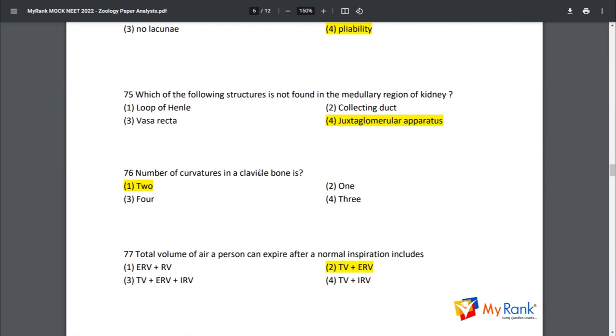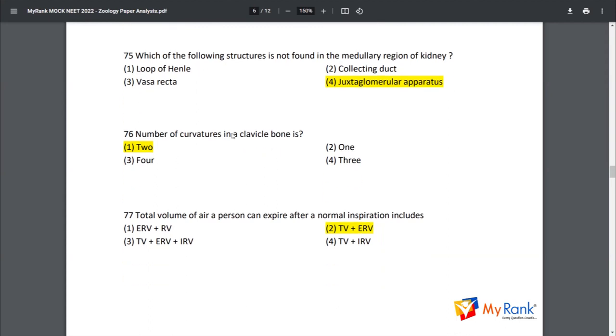The PCT, DCT, Bowman's capsule are found in the cortex region, and the juxtaglomerular apparatus or JG apparatus happens to be found at the DCT region. So amongst the following options, the one which cannot be found in the medullary region of the kidney is the juxtaglomerular apparatus, whereas the collecting duct, loop of Henle, and vasa recta extend into the medullary region of the kidney.